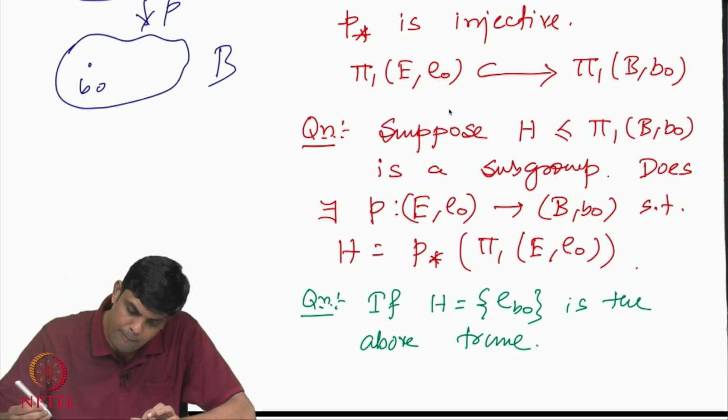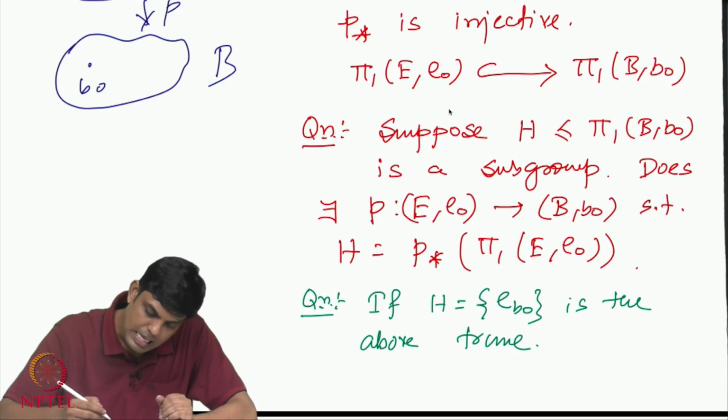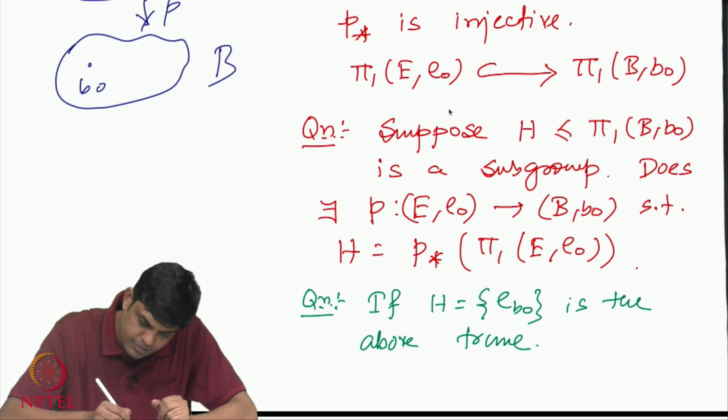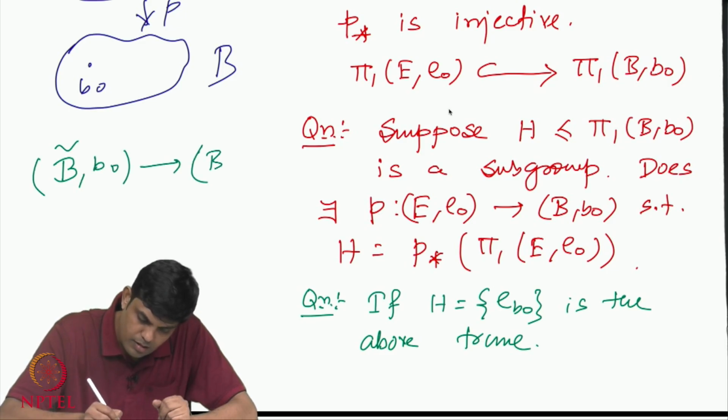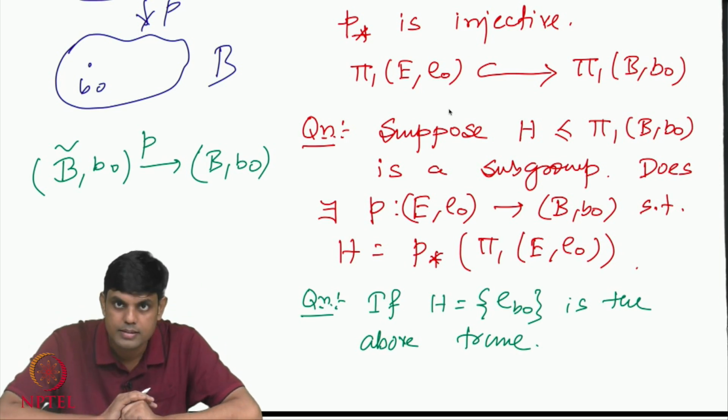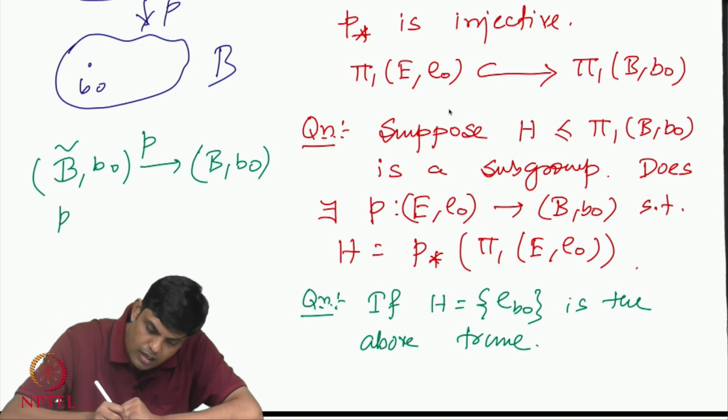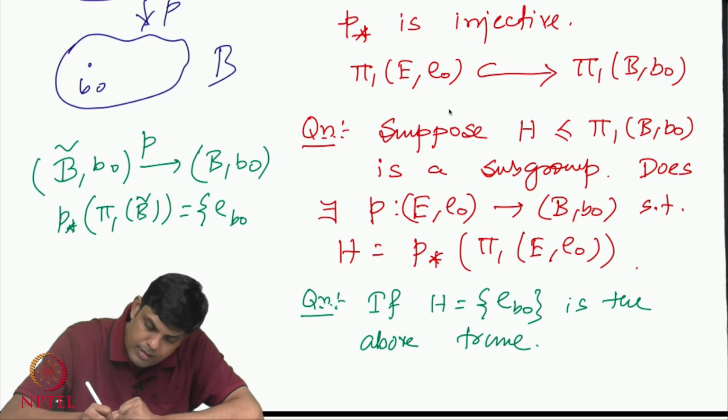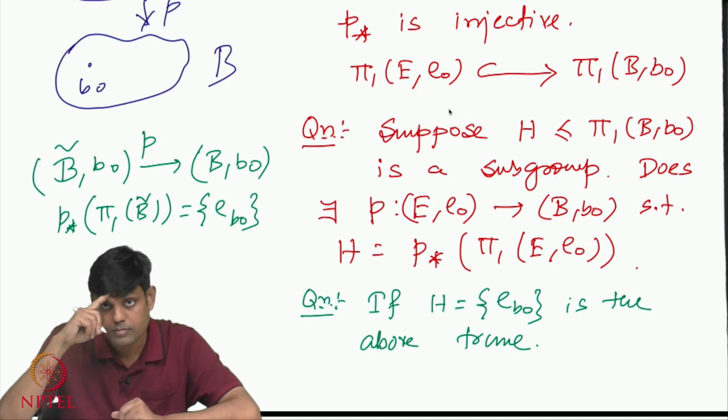The meaning of that would be that I get a space, let us call it B tilde, and I get a covering map to B such that P star of the fundamental group of B tilde, let us forget about the base point for a moment, is the trivial group.